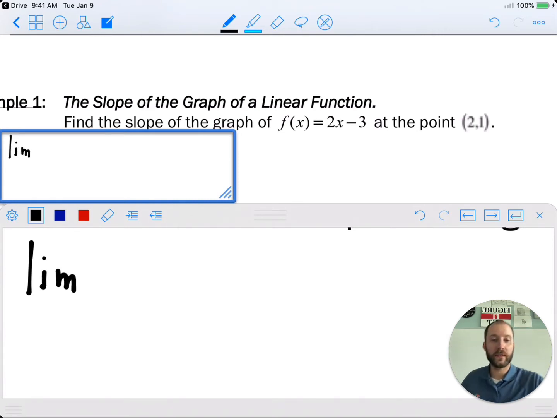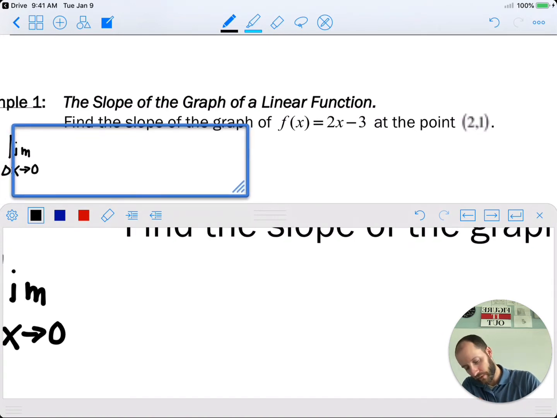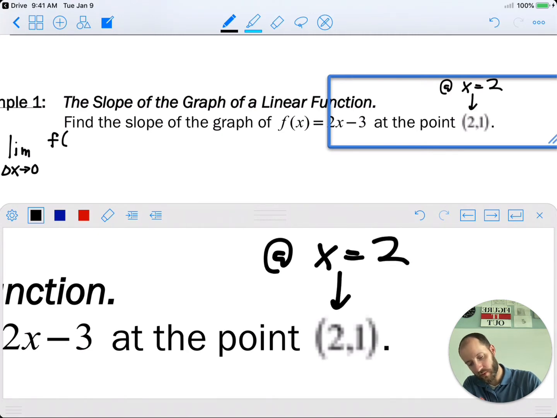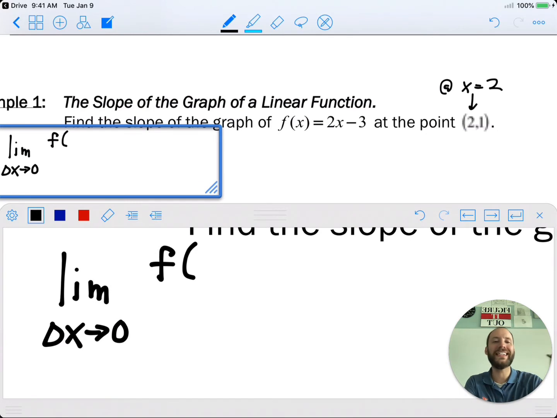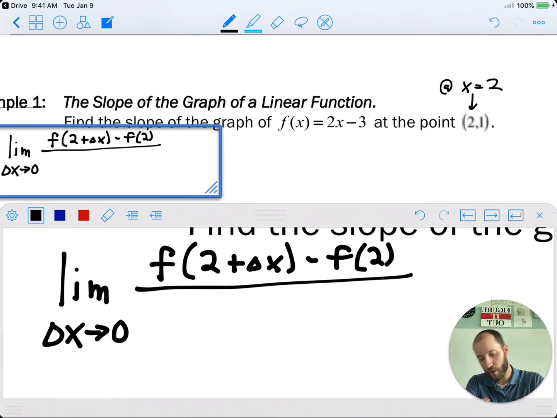So the limit as delta x approaches 0 of f of 2 plus delta x minus f of 2, all over delta x.